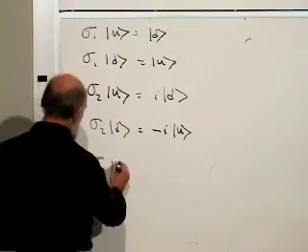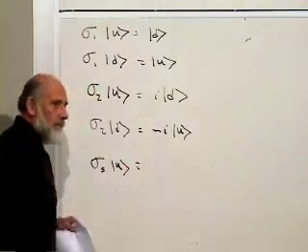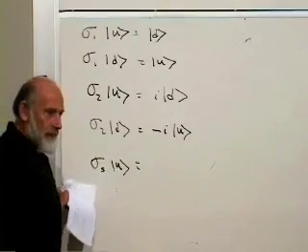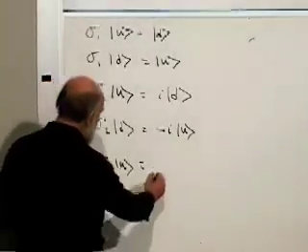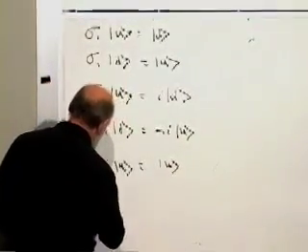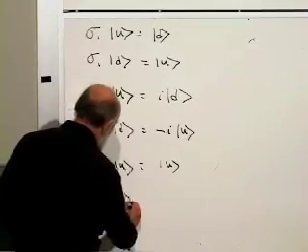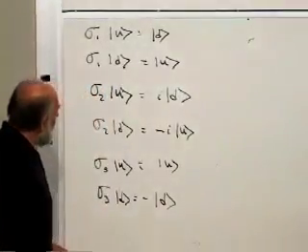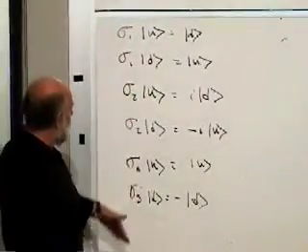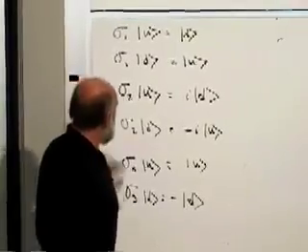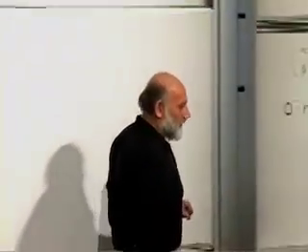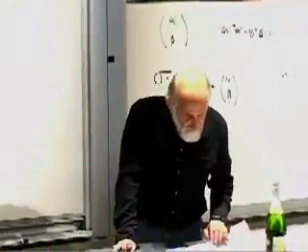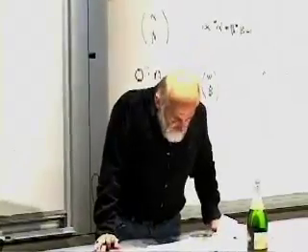What does sigma 3 do when it hits up? Just goes up. Up is an eigenvector of sigma 3 with eigenvalue +1. So it just gives up. And sigma 3 on down gives minus down because it's an eigenvector with minus sign. This is an abstract representation of the sigma matrices. Well, it's not abstract; it's concrete, but it has the same content that the matrix structure has.